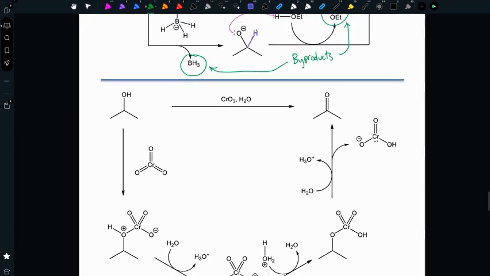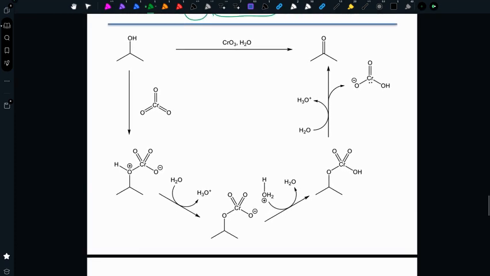This oxidation reaction, I don't require students to even learn this mechanism in my summer course. The different courses might require you to know it, but it's a little weird because it involves the chromium. But given that I've drawn everything out, you could probably draw the curved arrows for this. So in the first step, you see that oxygen is going to bond to chromium.